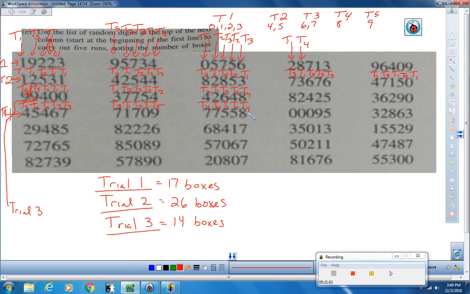I actually went too far. I had 2s, 3s, 3, 1. So actually I just needed this 4. That gives me 1, 2, 3, 4, 5. Yes, I think I got a little too far with that one. So that one actually only took 11 boxes. So trial 4 was 11 boxes.